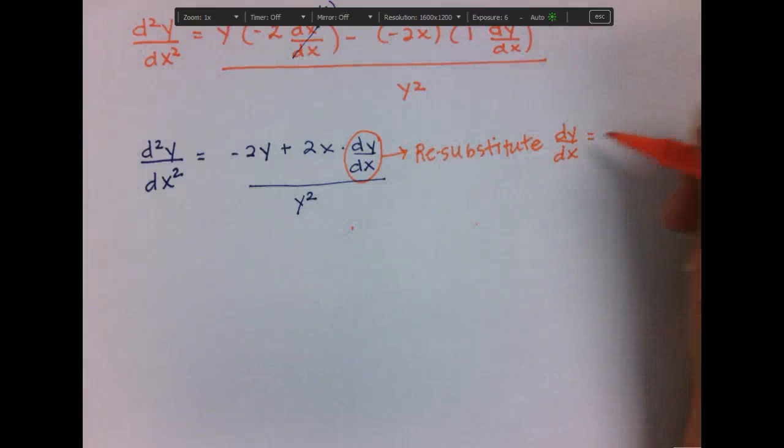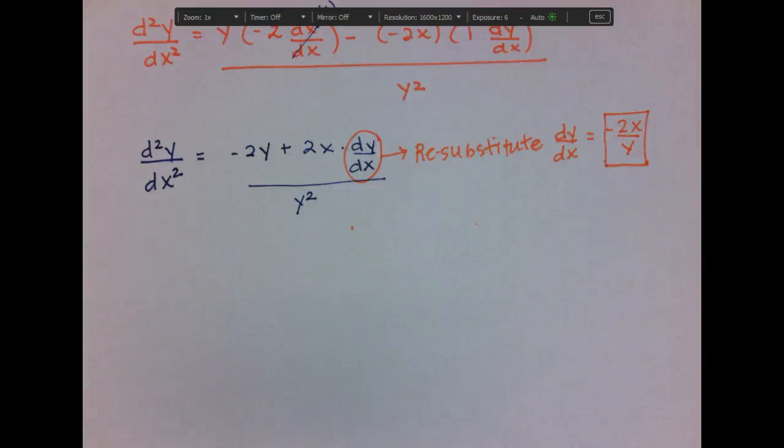Earlier we had found dy over dx is negative 2x over y. So this is what we'd found in the first several steps of the problem where we found the first derivative, and what we need to do is substitute that back in.